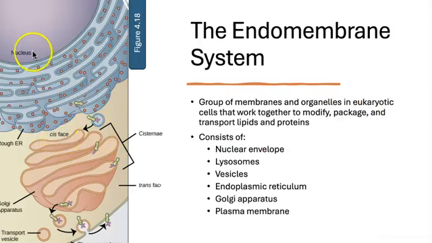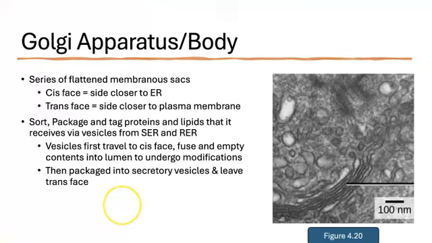So here is our nucleus, the rough ER, and then this is the cis face. Notice how it's facing the rough ER, and then on this side we're seeing the trans face, which is facing the plasma membrane, and its job is to sort, package, and tag the proteins and also lipids that it's going to receive through the vesicles from the smooth ER and the rough ER.